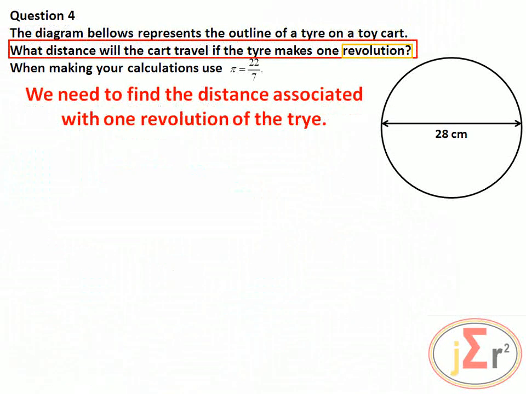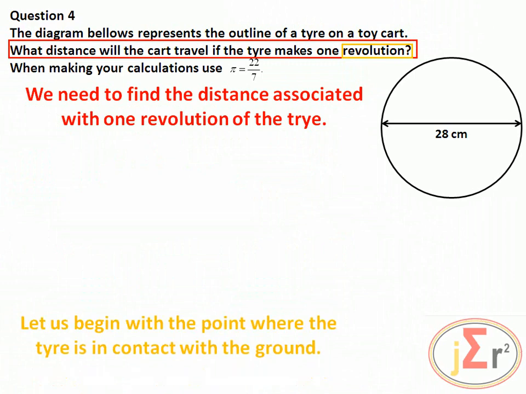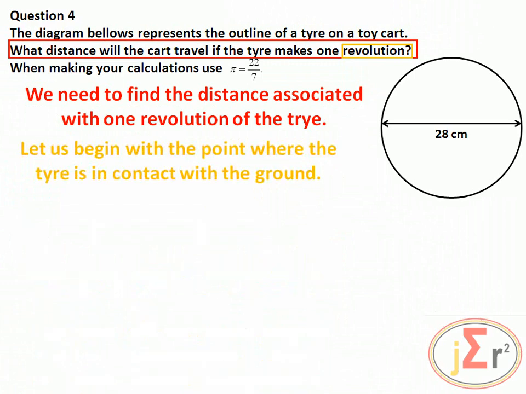We need to find the distance associated with one revolution of the tire. Let us begin with the point where the tire is in contact with the ground. The tire is in contact with the ground right there.